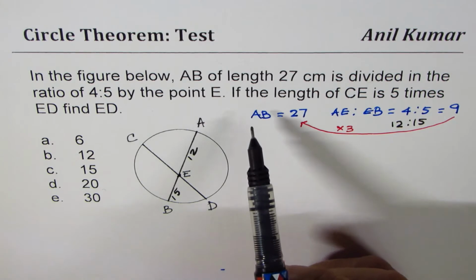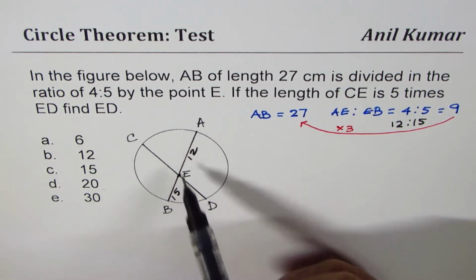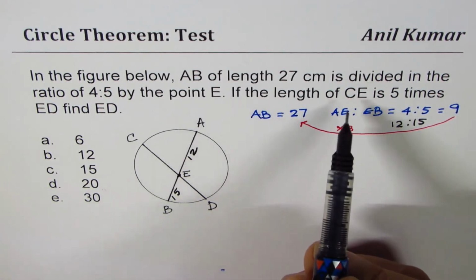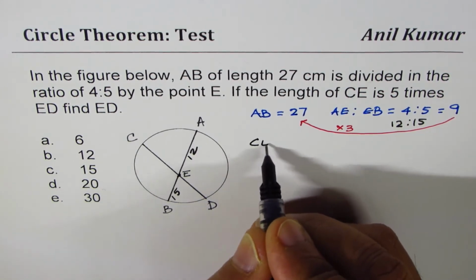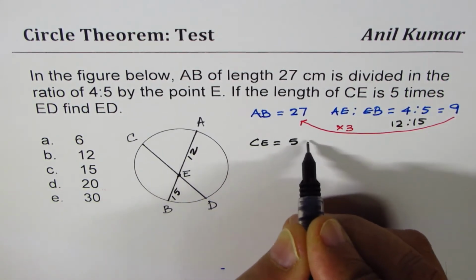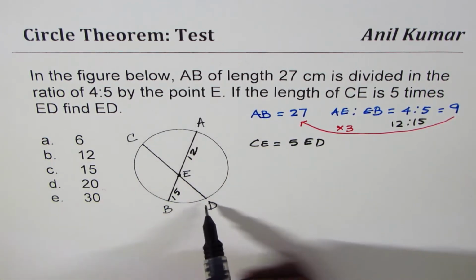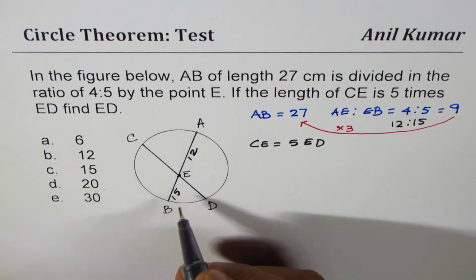Now, another concept here is, how are the lengths of these two chords related? If the length of CE is 5 times ED, we have to find ED. Now that's a difficult issue, right? How do we do that? Well, let's look into the circle concepts.